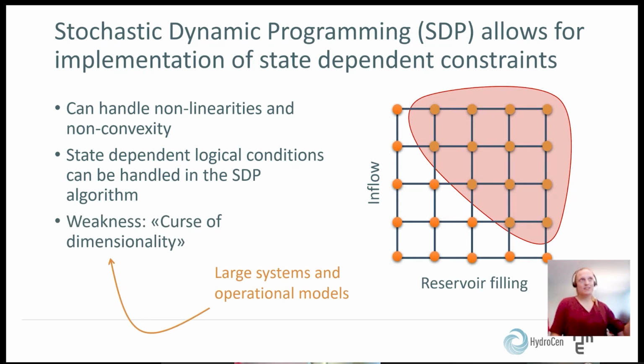But of course, this method also has some weaknesses. Since you have to discretize the state space, it becomes very quickly very big. So the problem becomes big and it's not that well suited to scale to large systems, but it's useful for smaller systems and for my research topic.